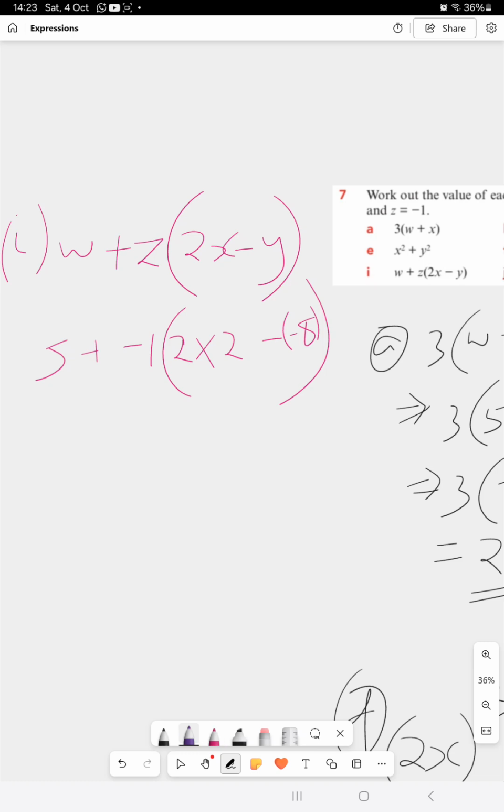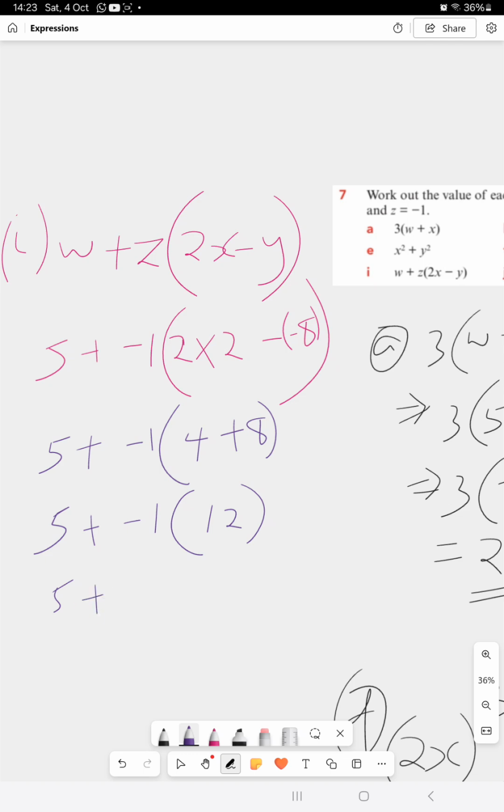And this continues to be 5 plus negative 1 into 4 plus 8, and this means it is 5 plus negative 1 into 12.